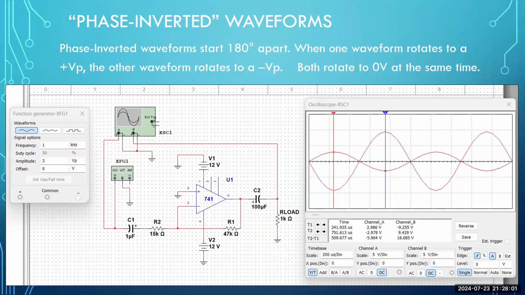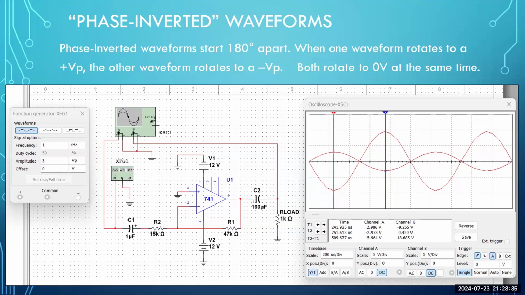When one waveform starts at zero and rotates up to a positive V peak, such as the smaller waveform on the trace of the oscope display, which starts at the 0 volts reference line and rotates upwards until it hits a positive volt peak, the other waveform, the larger waveform in this particular case, also starts at 0, and it rotates to a negative volt peak.